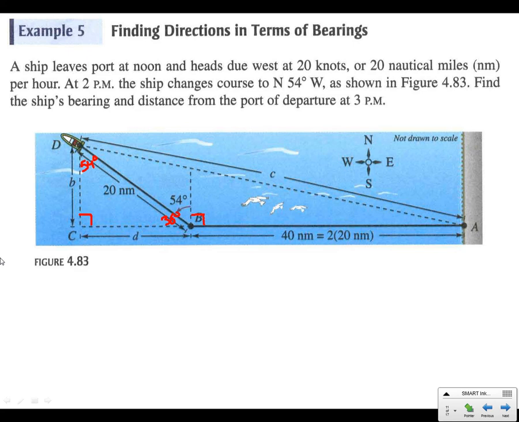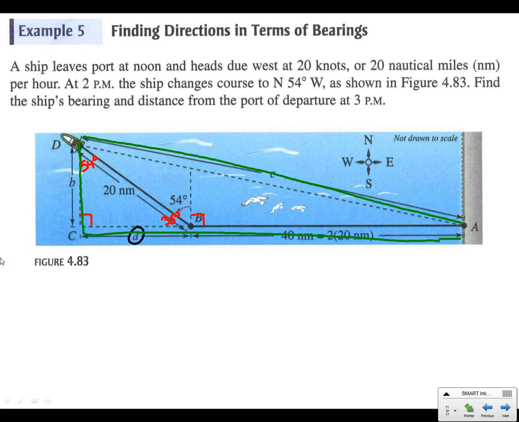Let's start by solving for D or B. It would be most helpful to solve for D, because if we can solve for D, then we're going to have one side of this big triangle. So let's start by solving for D.